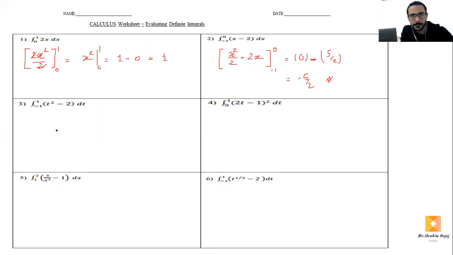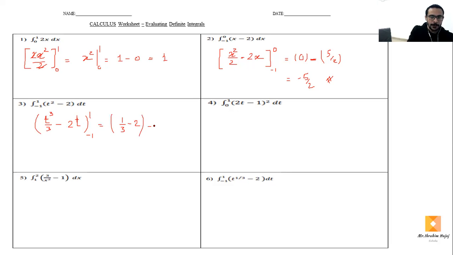We'll integrate as usual. It will be t to the power of 3 over 3 minus 2t. Then we will replace. 1 becomes 1/3 minus 2, and when it's negative 1, it gives negative 1/3 minus 2, and plus 2.